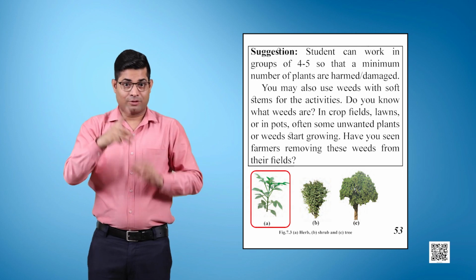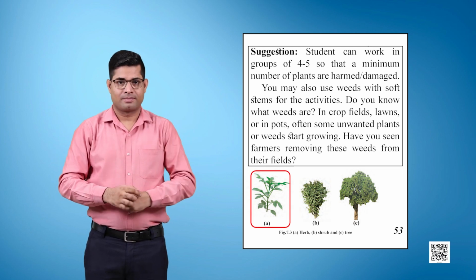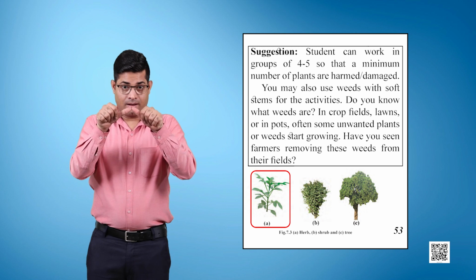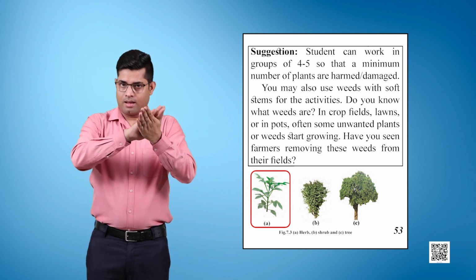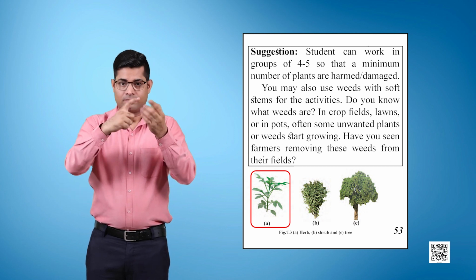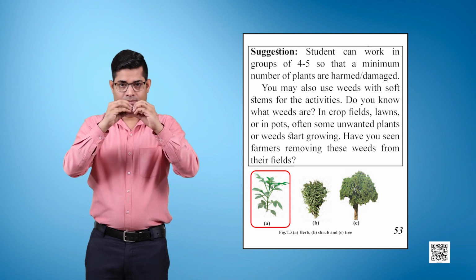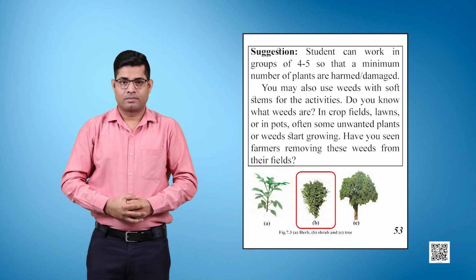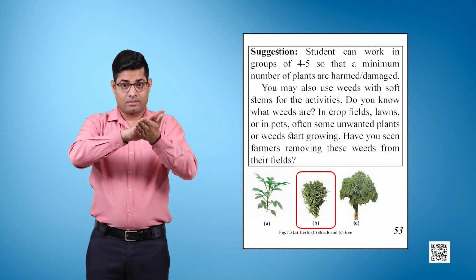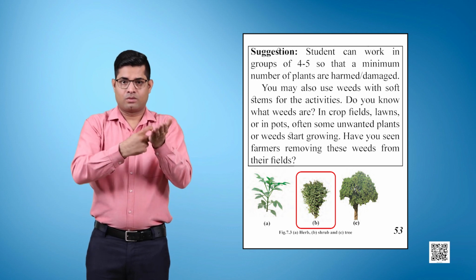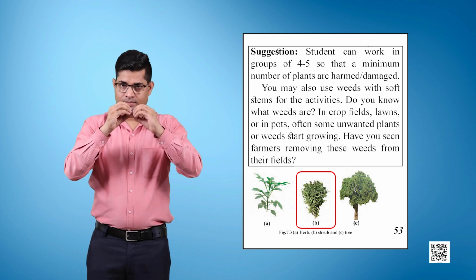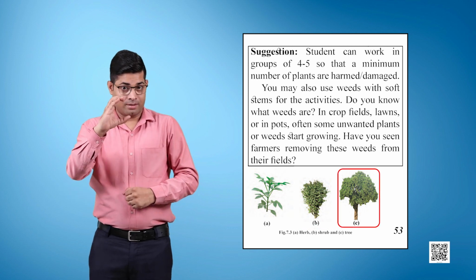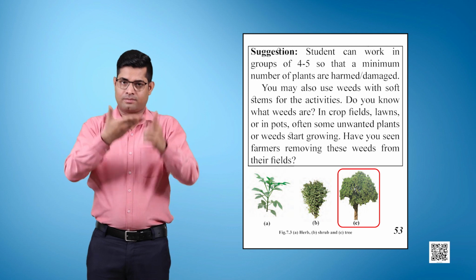Figure 7.3a shows herb. Figure B shows shrub, and figure C shows a tree.